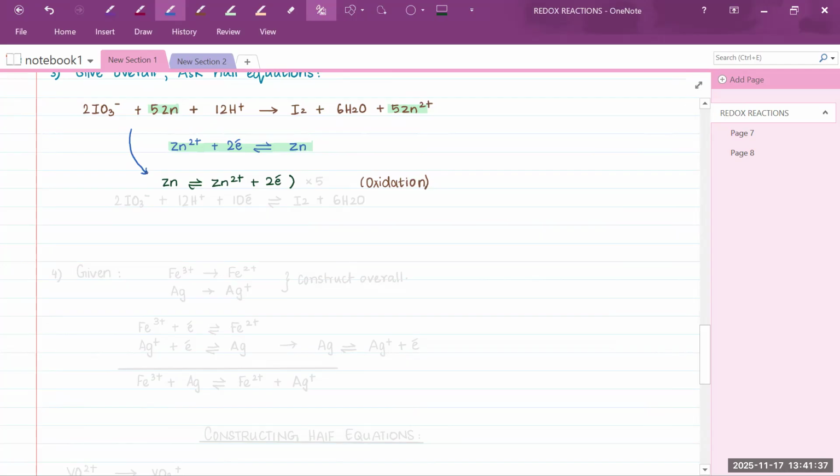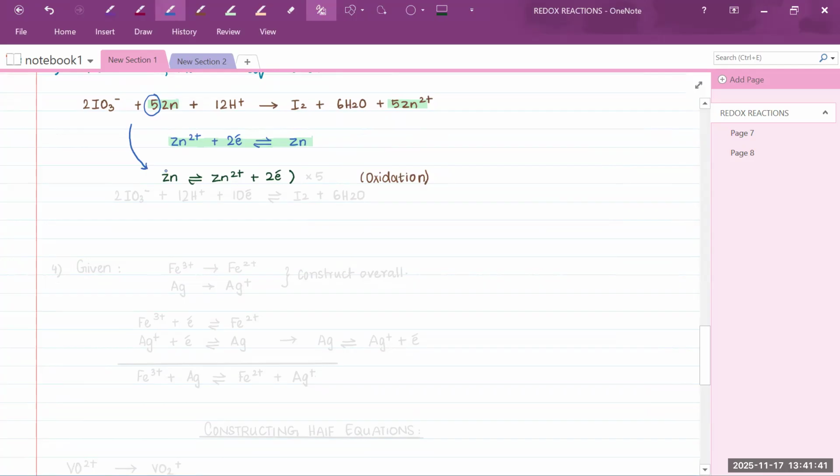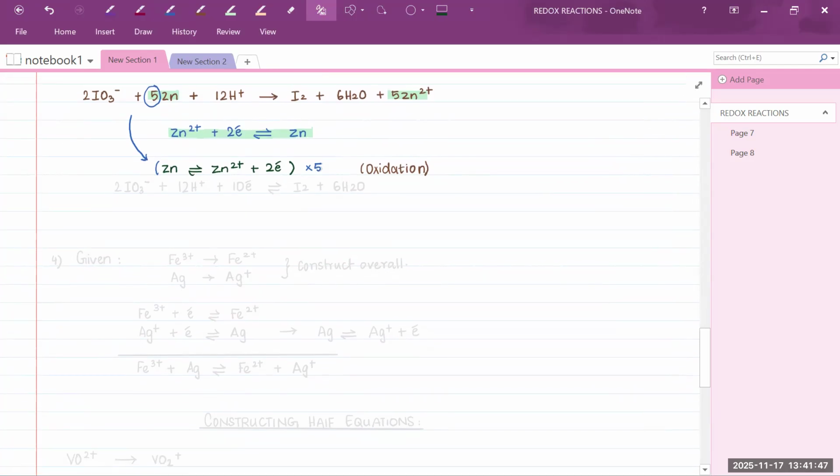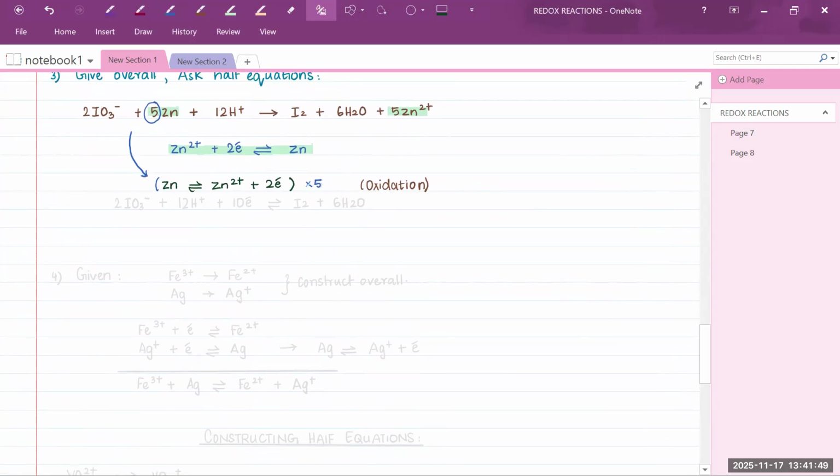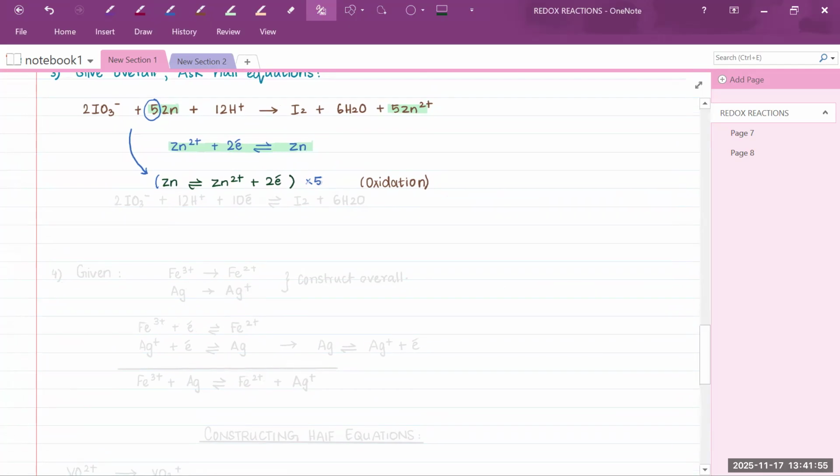As we can see, there are 5 zinc on this reactant side, but we have only one here, so we'll multiply the equation by 5, because we have to balance the electrons. We can see it in the next half equation now. So for the next half equation, we'll have 2IO3−, right?